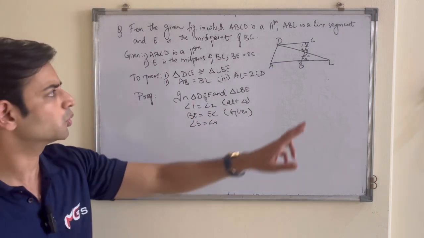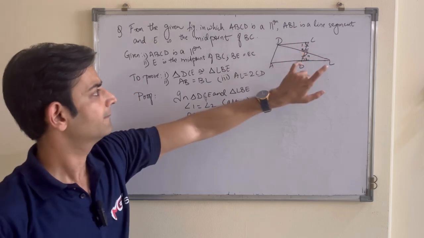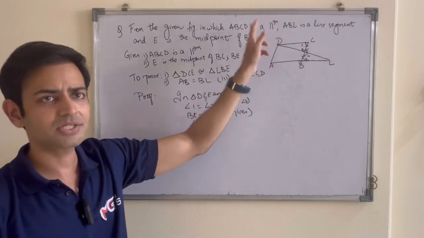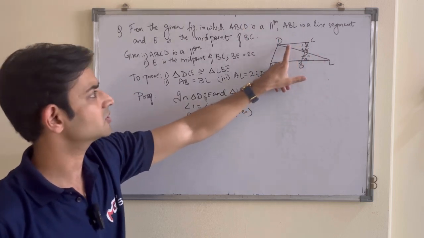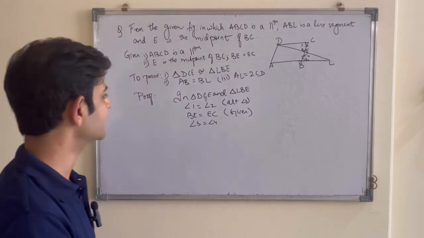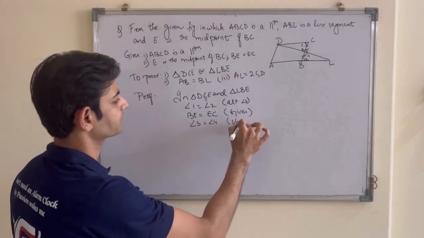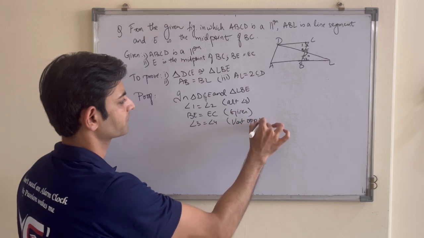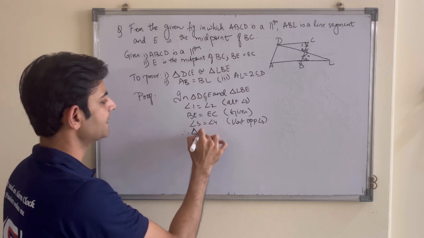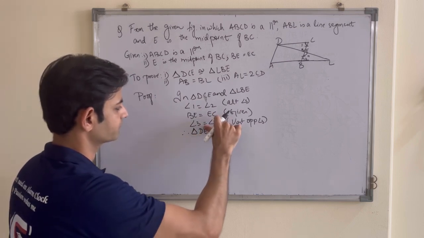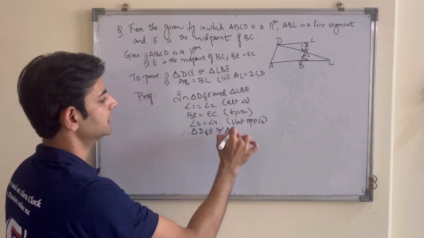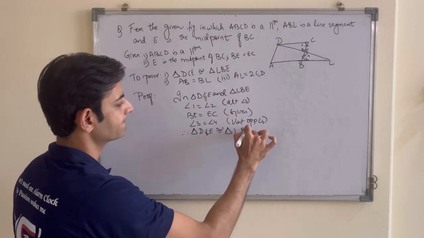Here you can also use this and this angle, because CD and AL are parallel and DL is the transversal, so you can apply this and this also. Completely your choice. This question can be done with two congruencies. So I can say, therefore triangle DCE is congruent to triangle LBE.